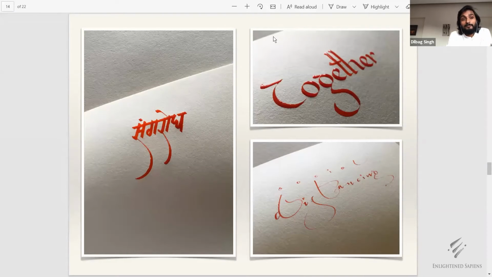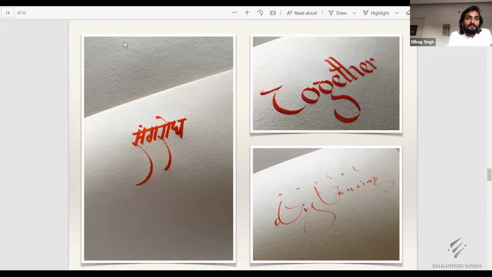And these are the examples of broad edge calligraphy. This is Sangrod, which is like social distancing, in Hindi, Devanagari. So I have written Devanagari by using broad edge calligraphy, broad edge nib.